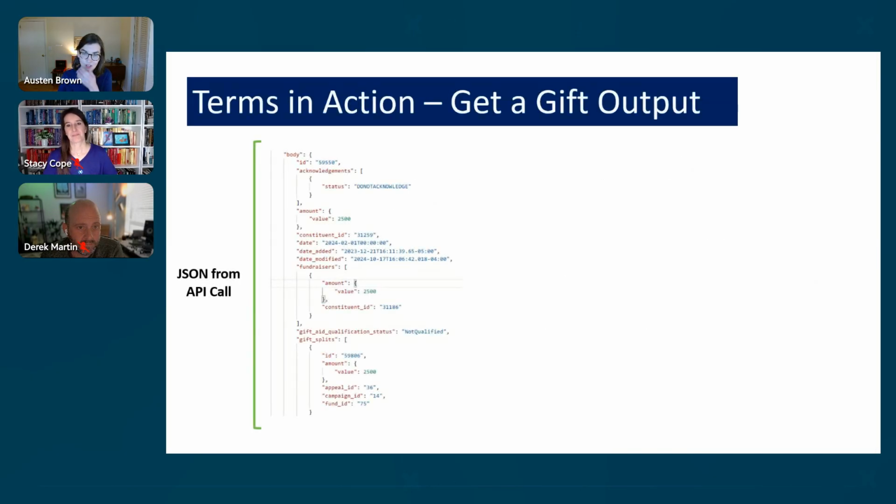All right, so now we're going to take a look at these terms in action. So this is the JSON from an API call called getAGift. And this is how the data is returned to us in Power Automate and how we can utilize the dynamic content involved.